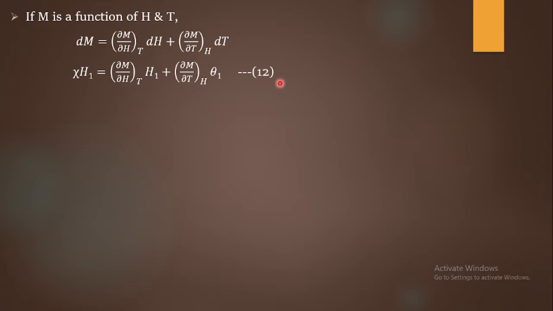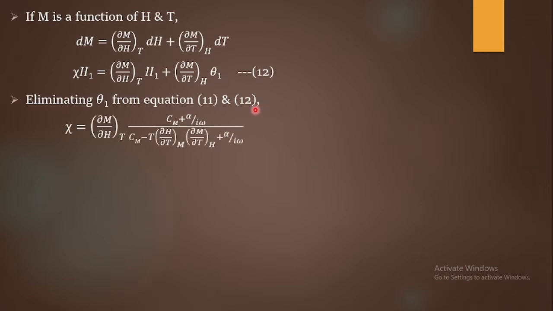So from equations 11 and 12, we are going to eliminate theta 1 so that we get the equation for susceptibility. Because susceptibility corresponds to magnetization and magnetic field, the temperature term can be eliminated from equations 11 and 12, which leads us to chi equals ∂M/∂H at constant temperature into Cm plus alpha by i omega, divided by Cm minus T ∂H/∂T at constant M into ∂M/∂T at constant H plus alpha by i omega.